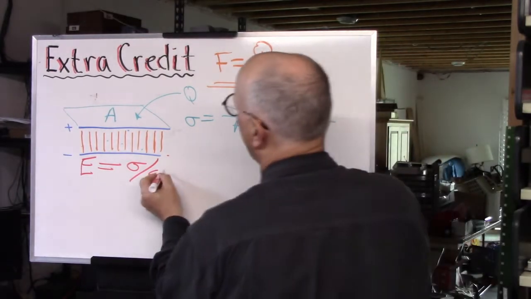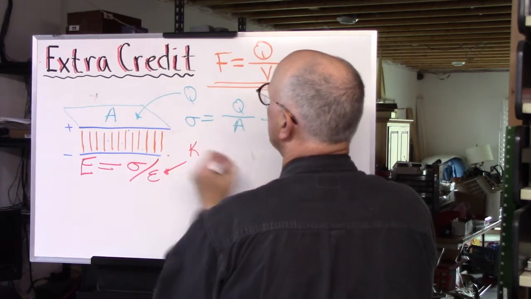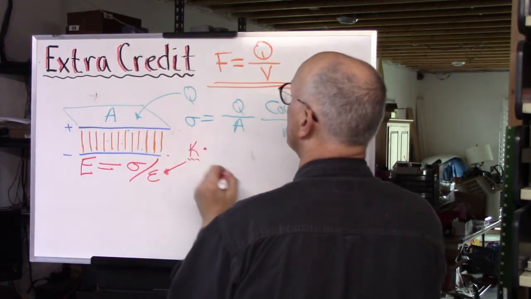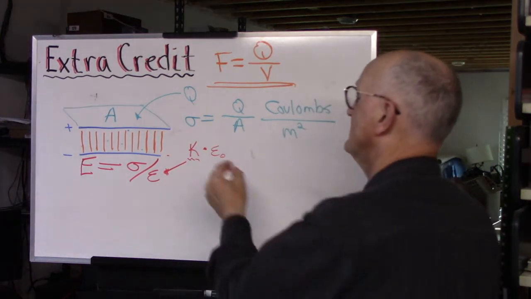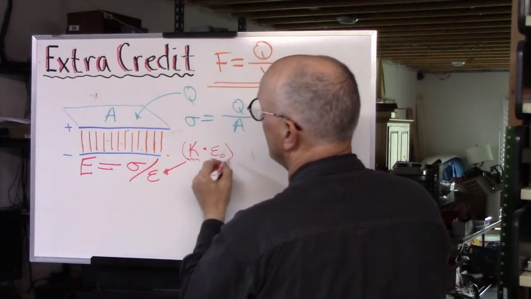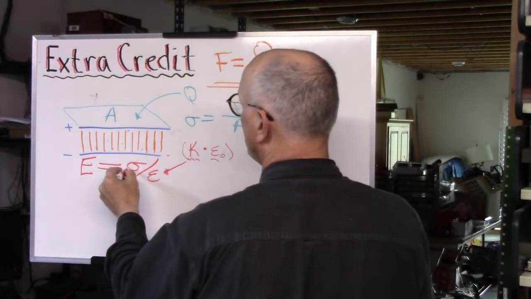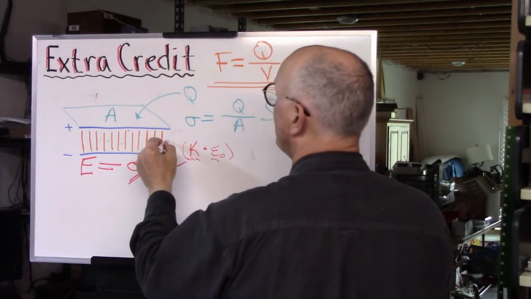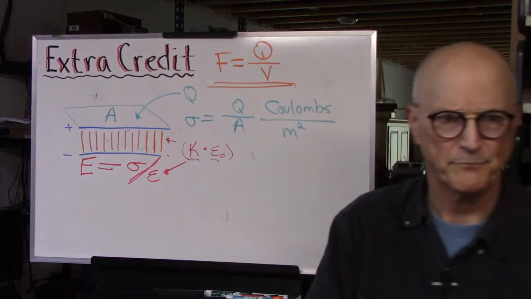Now, remember, permittivity here is your dielectric constant times the permittivity of free space. That's what this is. So this is coulombs per meter squared divided by the permittivity of the material in between these two plates.